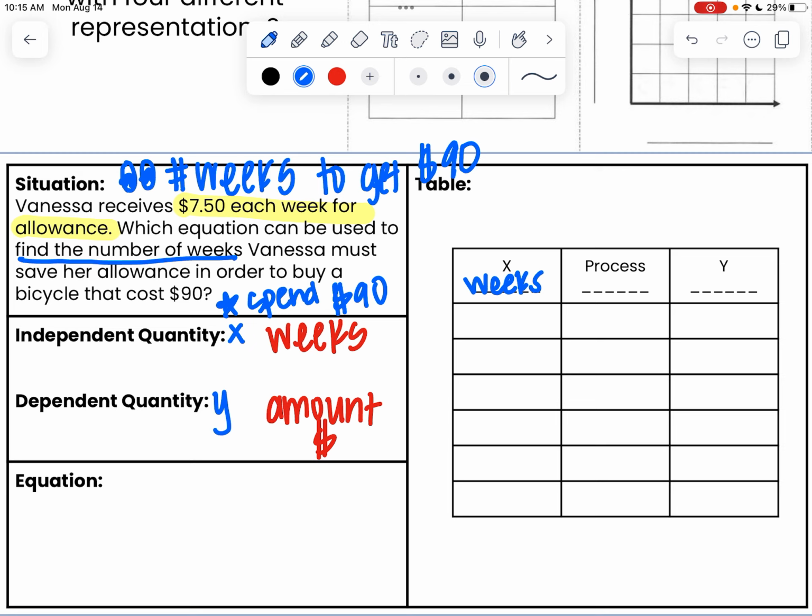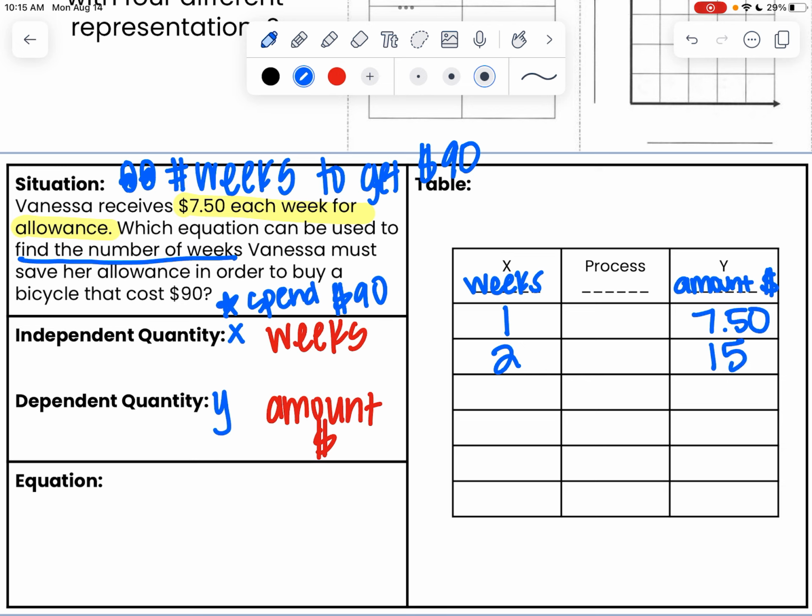And Y is the amount of money. And so they told me that it takes 1 week for Vanessa to get $7.50. So at that rate, if I get $7.50 every week, in 2 weeks, I will have $15.